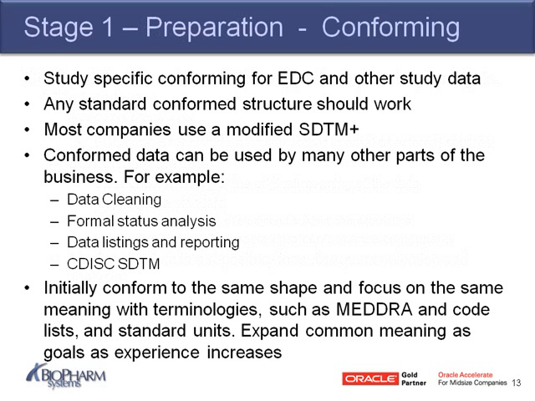So generally the focus is on EDC data and other study data because with each clinical trial, you're getting new data and new data structures in. In theory, any standard conformed target structure would work. Each one of them has pros and cons. So you may have a company data standard that you've been working with for years, and that's fine.